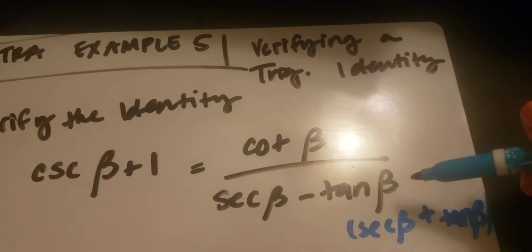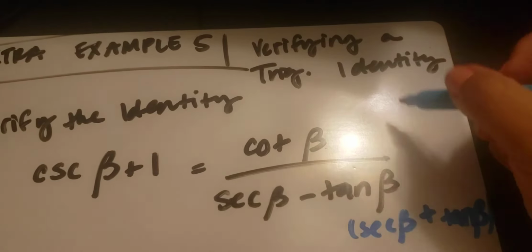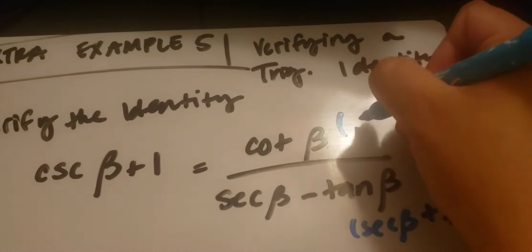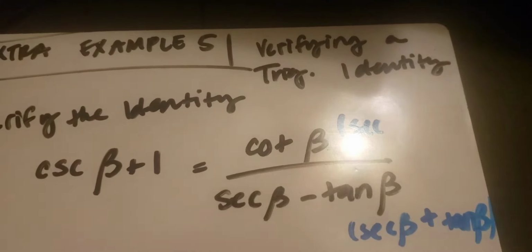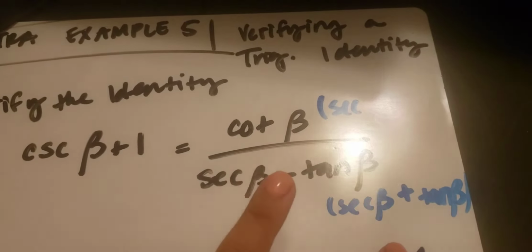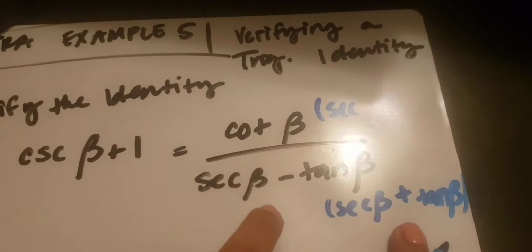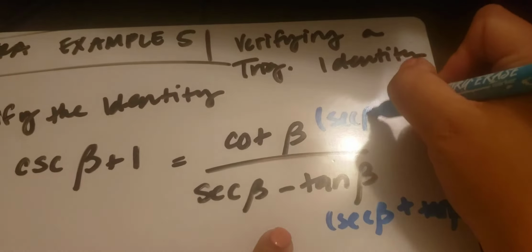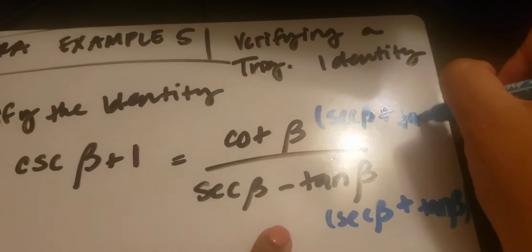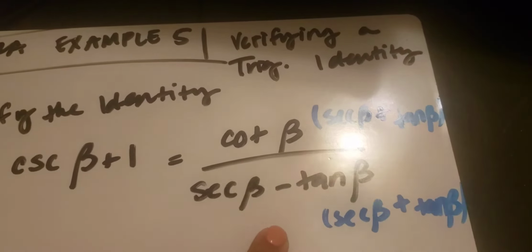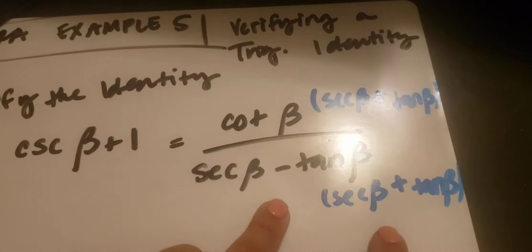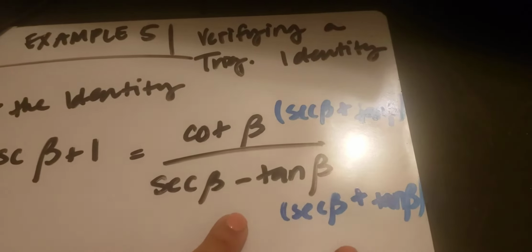And of course, with fractions, whatever I do to the bottom, I have to do to the top. So this is called a conjugate, where you get the same factors, except one's minus and one's plus. So secant of beta plus tangent of beta, okay? And then you can do FOIL here, and feel free to do FOIL.